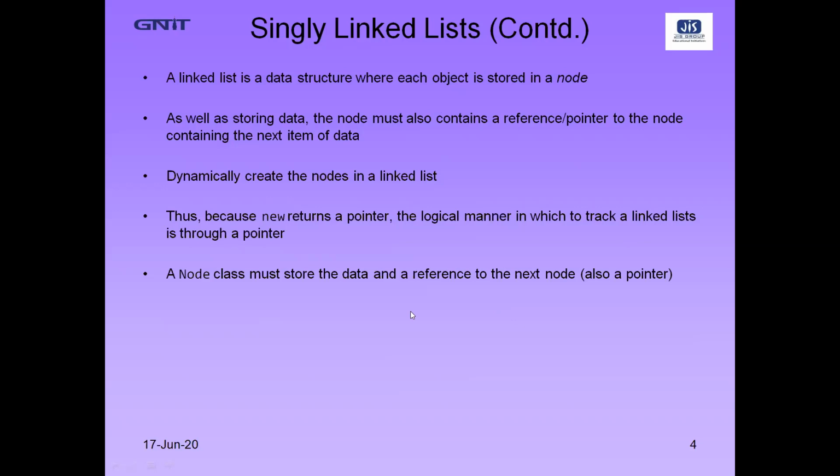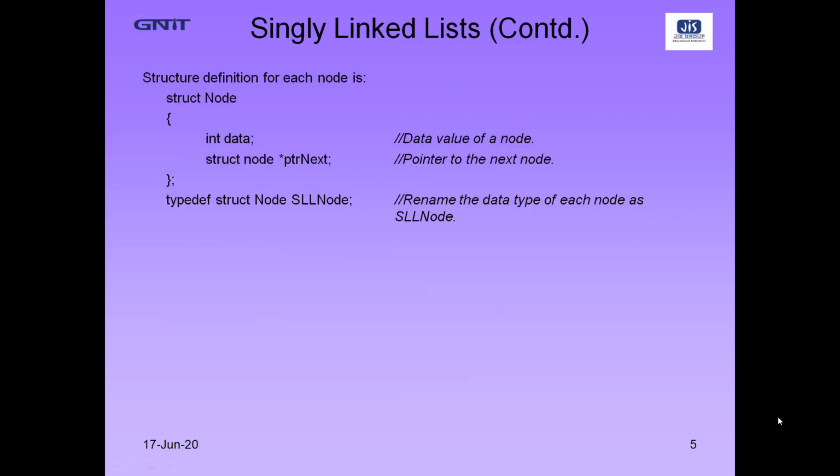And here the node class must store the data and the reference to the next node, and this part is also treated as a pointer part. And all of you know that a pointer is a variable which contains the address of another variable, right? Now before describing the structure definition for each node, at first I have to discuss the types of linked list.